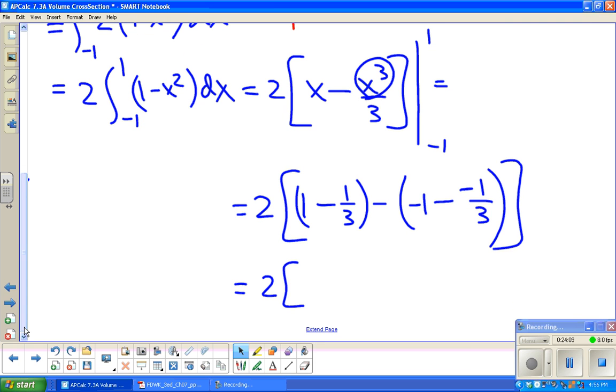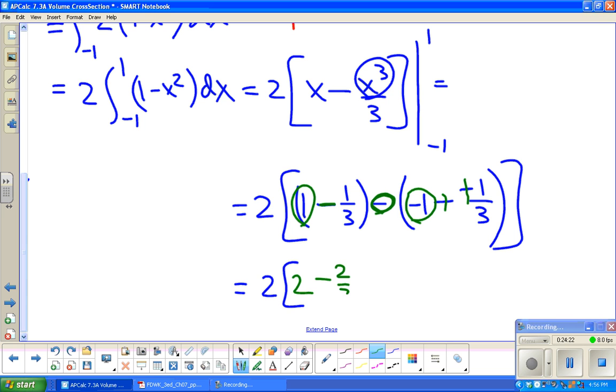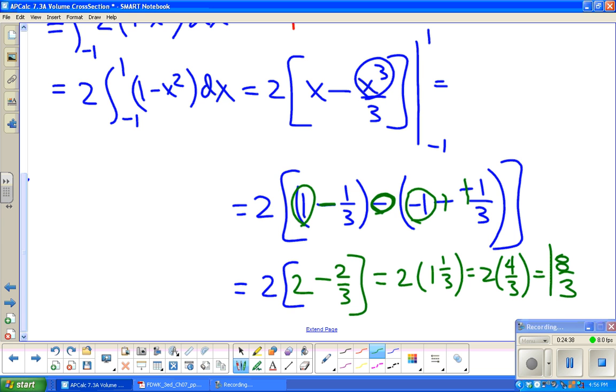So there's a lot of sign stuff going on in here. 1 minus -1. -1/3 minus a +1/3 is -2/3. This is crazy. Okay, so this ends up being 1 1/3 times 2. So 2 times 1 1/3, which is 2 times 4/3, which is 8/3. Wow, that was just joyously a lot of fun.